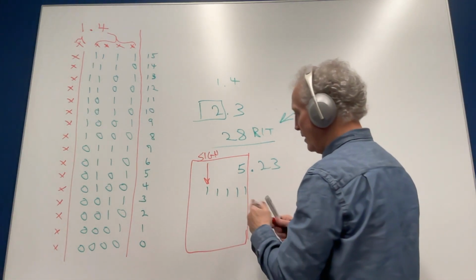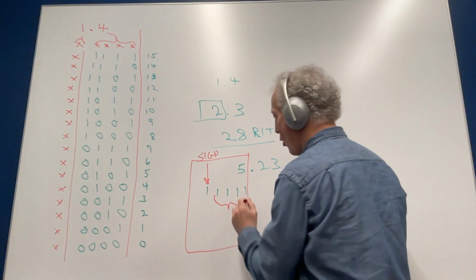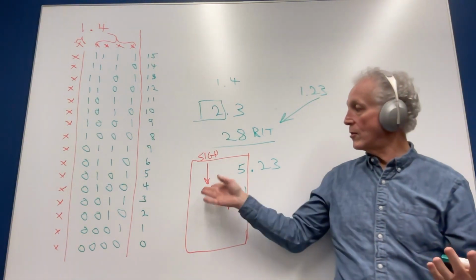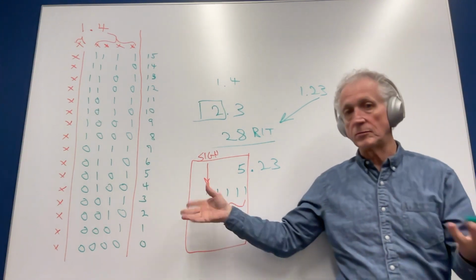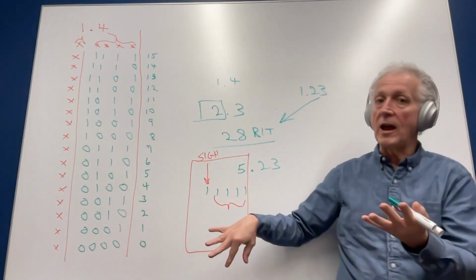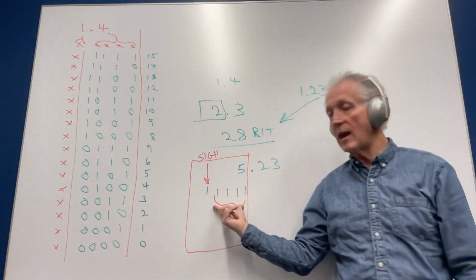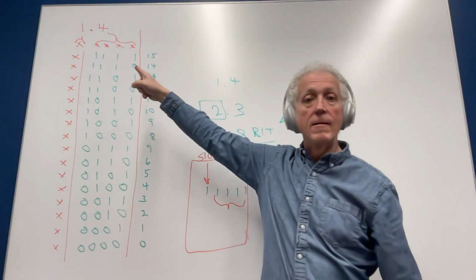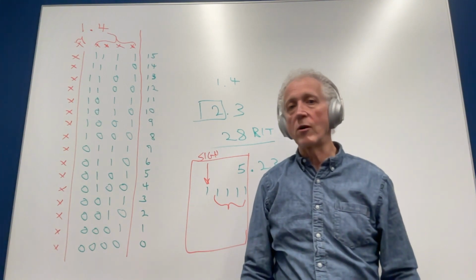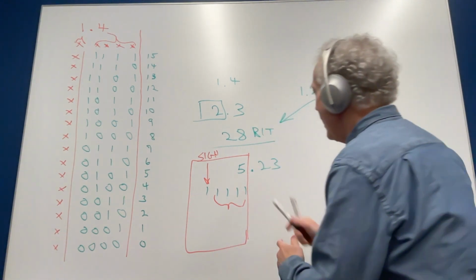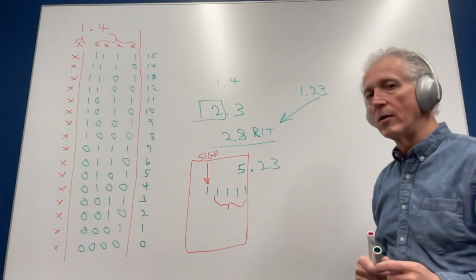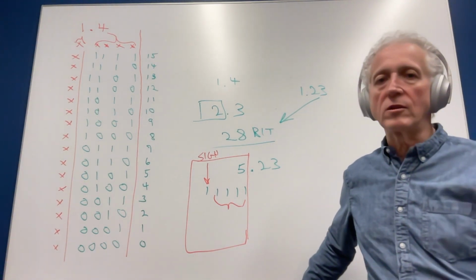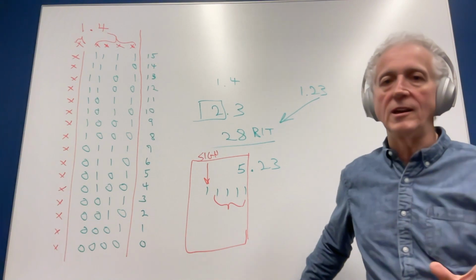So we really only have 4 bits to show a number, because with the sign bit, we can't really use it as part of the number. It's just positive or negative. So the most we're going to have is 4 bits. With 4 bits, 15 is the highest we can get for a whole number. So in a 5.23 number, the biggest whole number you can ever use is a 15.